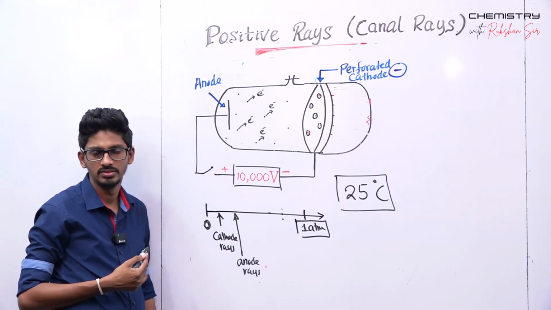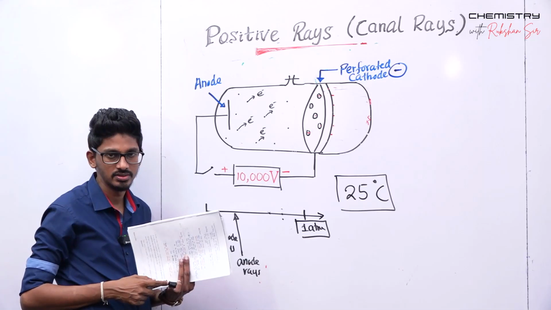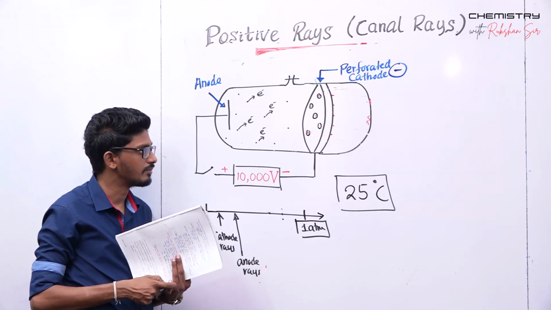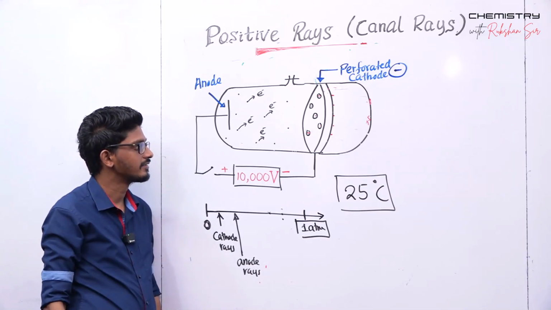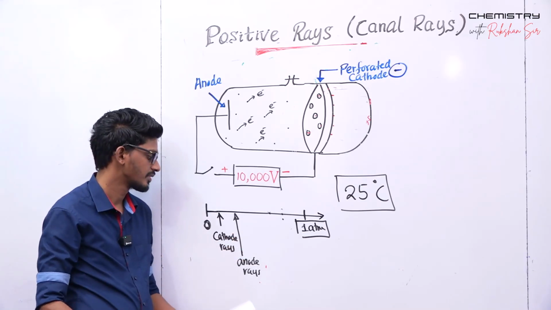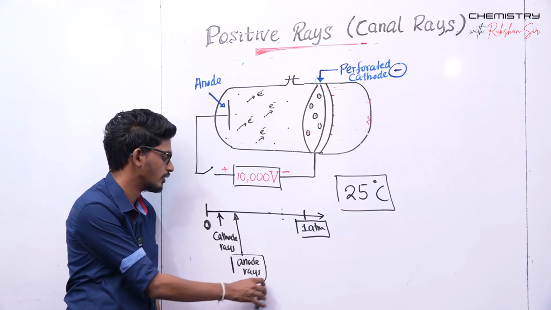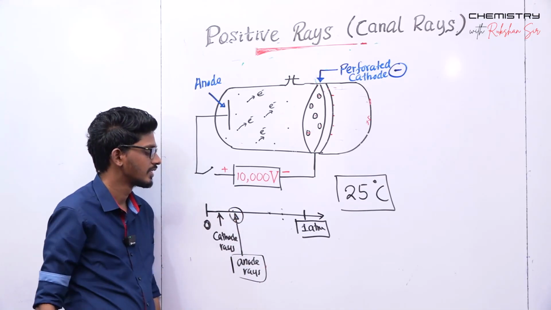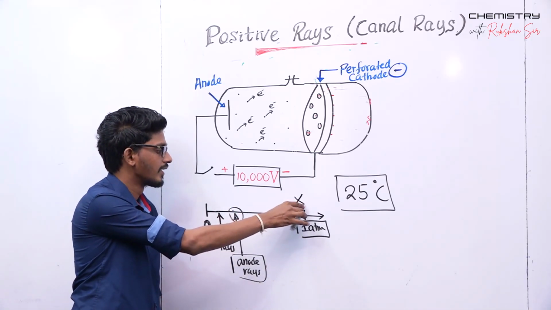Why is that? Does anyone have any idea why we are able to see some ionized gas particles with low pressures, not with high pressures?